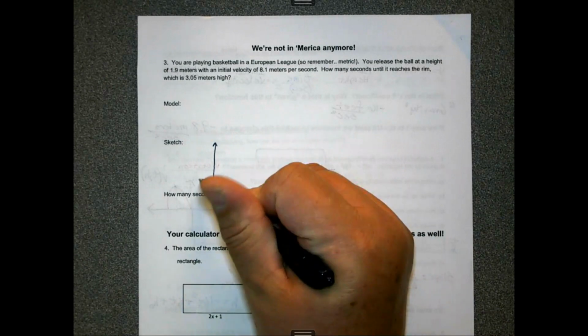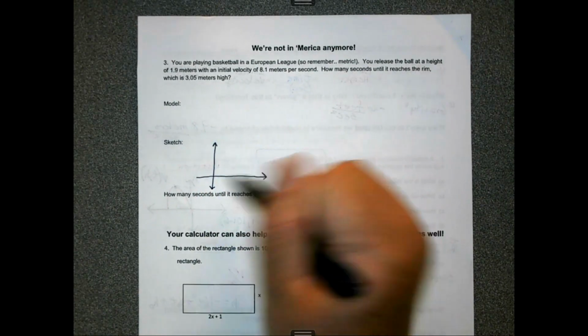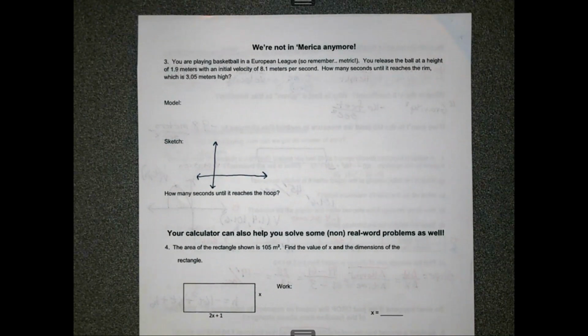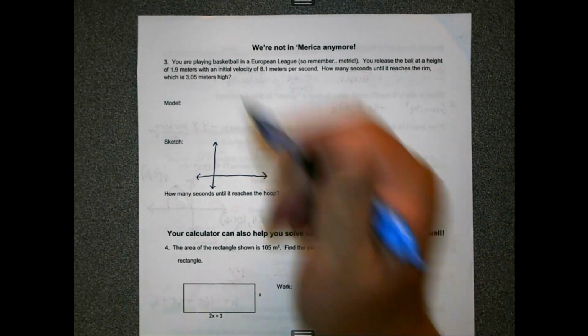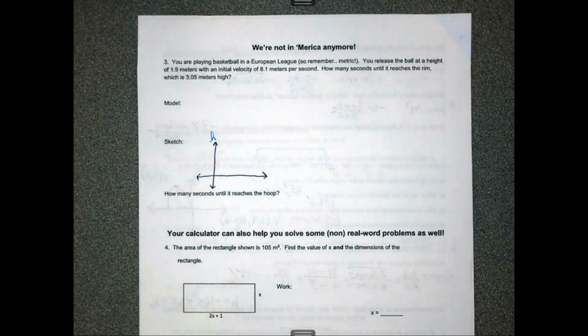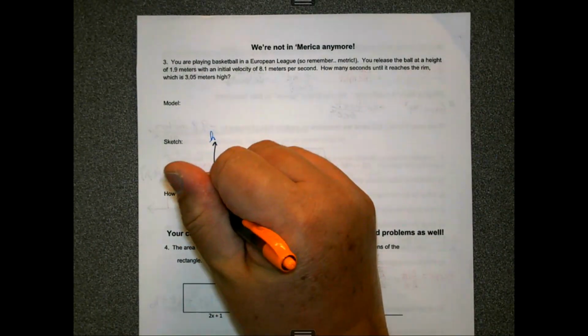So there's my y-axis, my x-axis. I was really good about drawing a picture last hour, but my video recorder wasn't recording, so now I'm probably going to draw a terrible picture. Instead of my y-axis, I call this the height, the h-axis. Instead of the x-axis, I call this my t-axis for time.